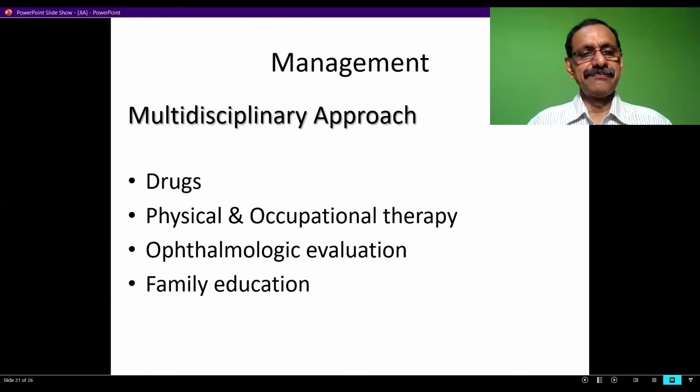Now the management. Management is a multidisciplinary approach. Drugs, physical and occupational therapy, ophthalmic evaluation, rheumatologist if available, then family education, how to deal with the disease.